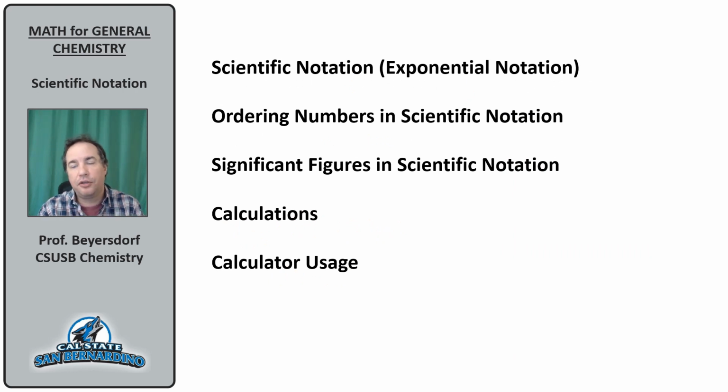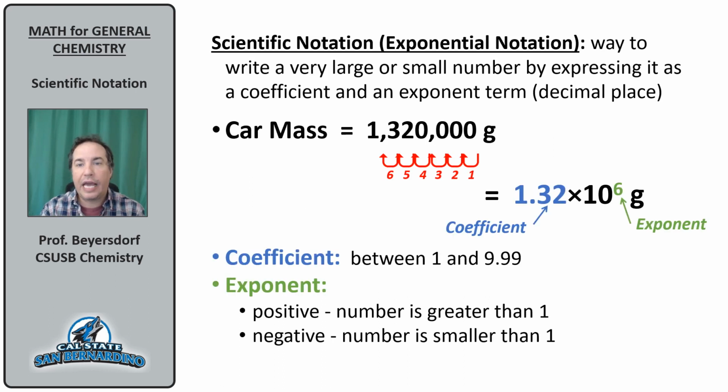All right, so that concludes talking about scientific notation, right? We started off looking at what is it and how do we convert, right? So if you have a number like this that's big, you go ahead and move the decimal point to the left, and that means you get 10 to the 6th in this case. If you have something that's small, you'll have 10 to the negative something.